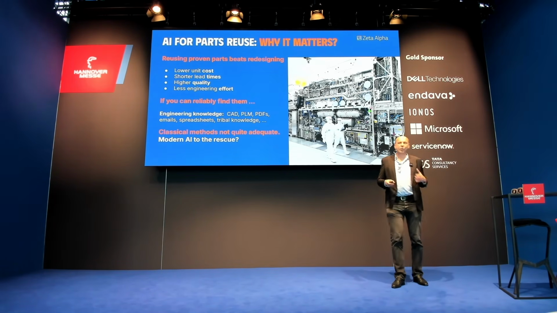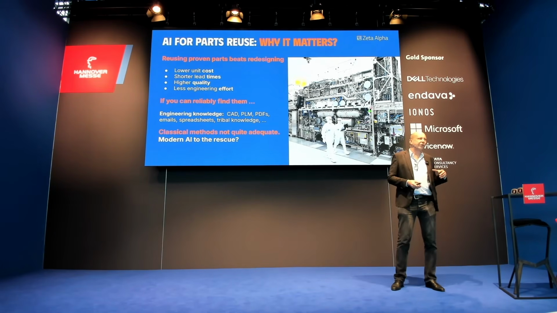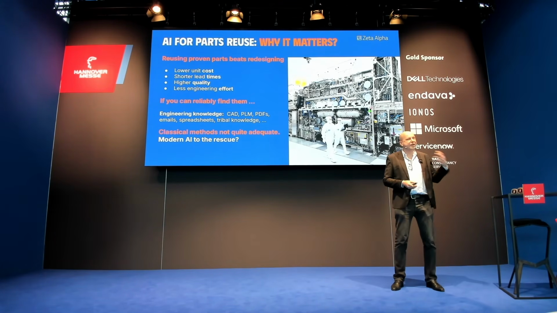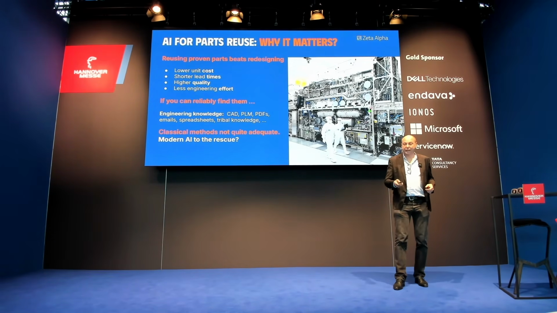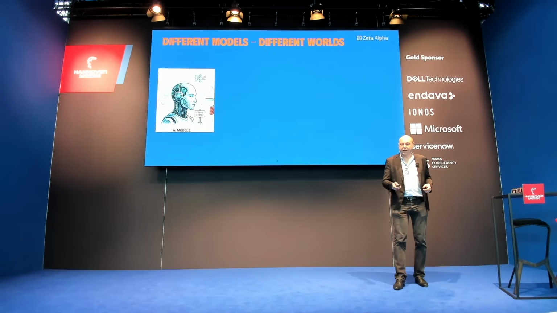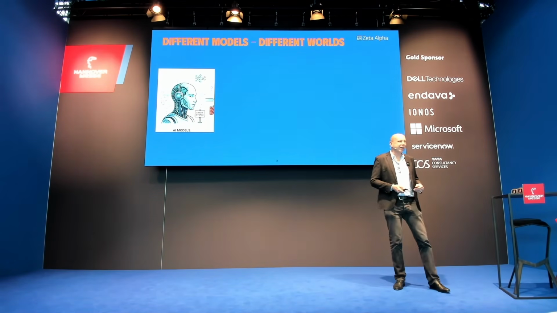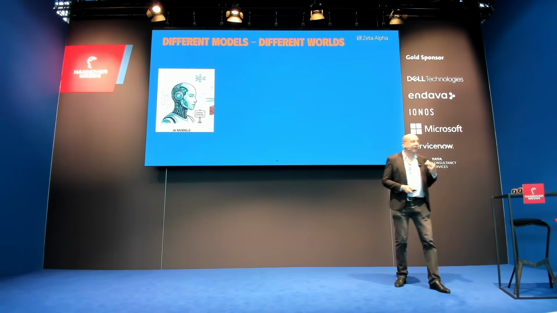So we think that if you can marry this world of modern agentic RAG and frontier AI models, which are really smart these days, with understanding the geometric and functional requirements in CAD models, that can come to the rescue. The problem is that these frontier AI models are really smart.